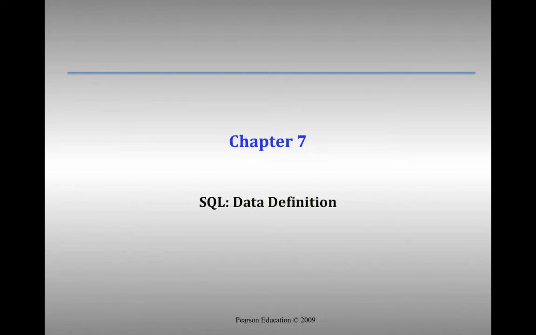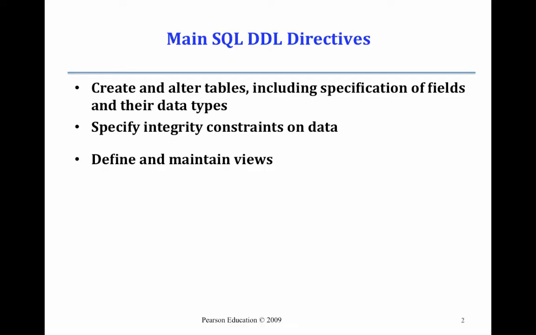And the main things that you do with SQL data definition language directives. Remember, the data definition language is essentially about creating the database and specifying its structure. So that involves fundamentally creating and altering tables. When I say alter, I don't mean insert a tuple or delete a tuple.